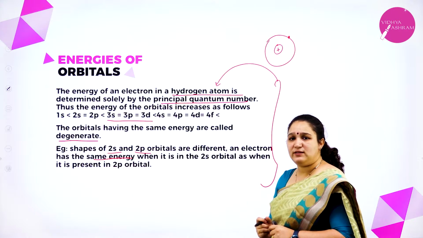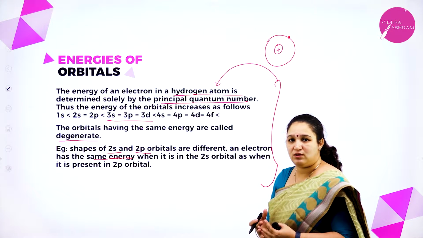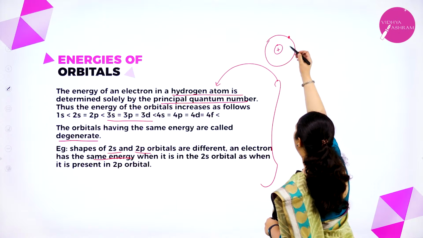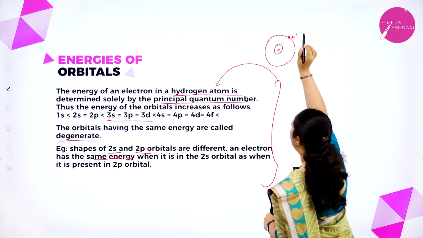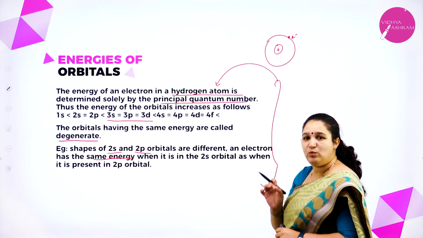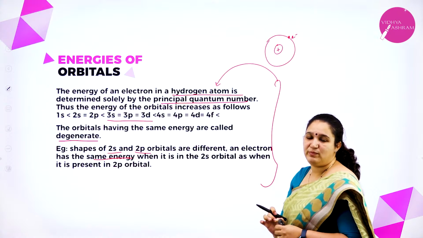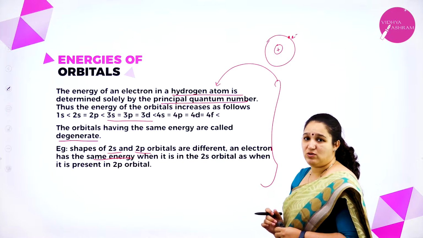So in hydrogen atom, the type of interaction is only attraction, correct? There is only the attractive force between the electron and the proton. So there is only one type of interactive force, that is the attraction between the proton and electron.